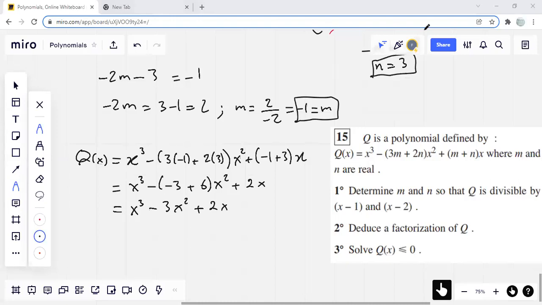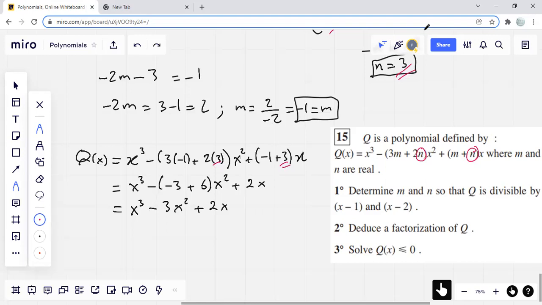If we substitute m and n after finding them, we can take this minus 1 and put it here and here, instead of m. We put minus 1 here and here, as you can see, and the same applies for n. We substituted n is 3, so instead of this n and this n the value 3.